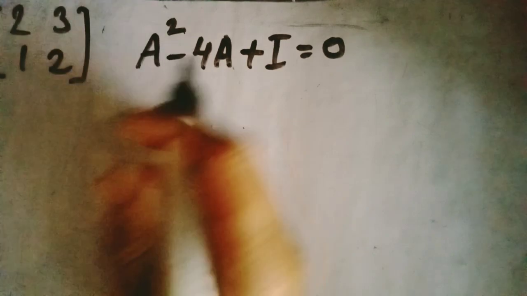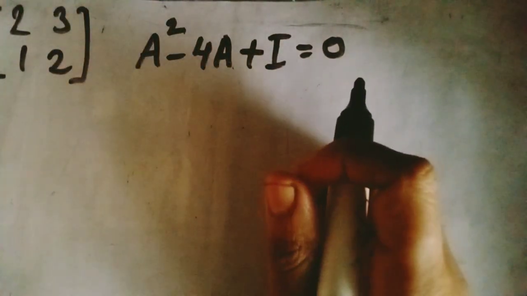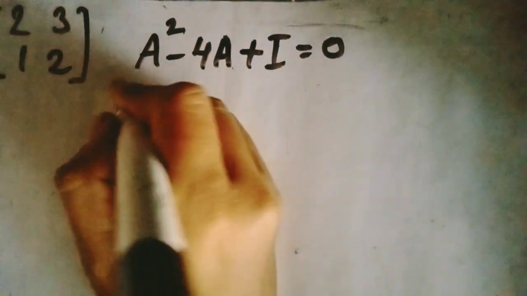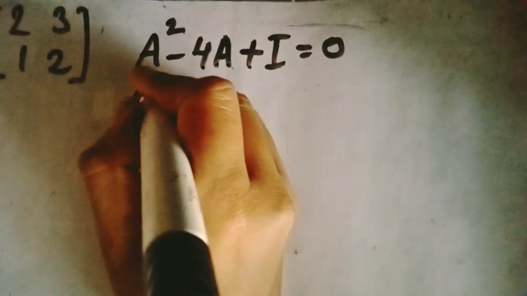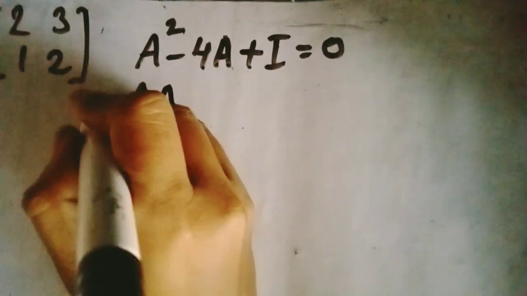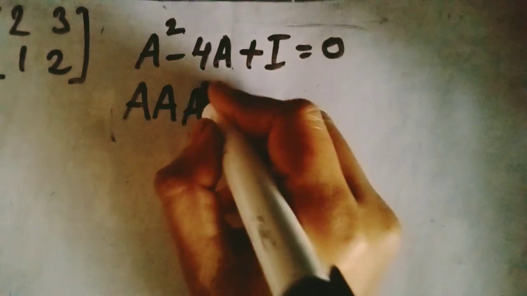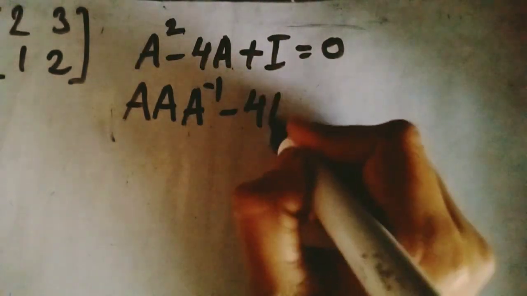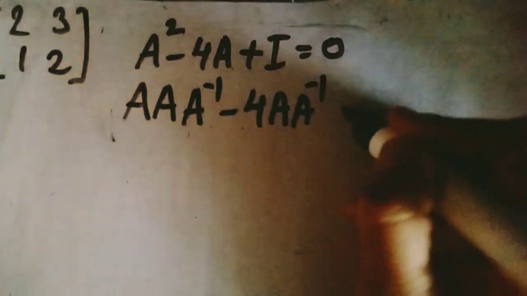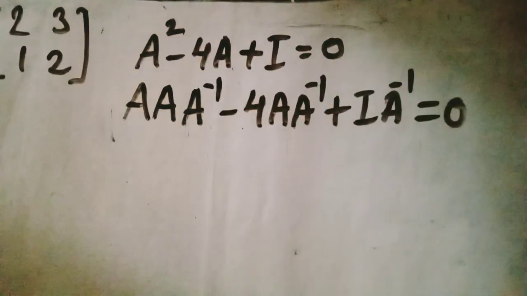So multiplying by A inverse throughout this equation, A squared you can write as A into A, so A inverse, and multiplying 4 into A inverse and I into A inverse.